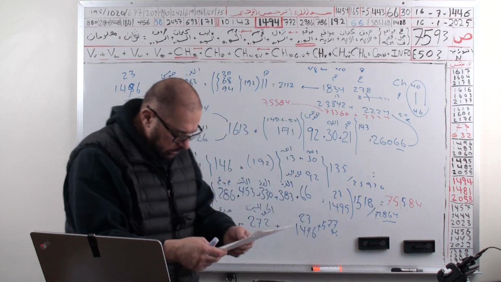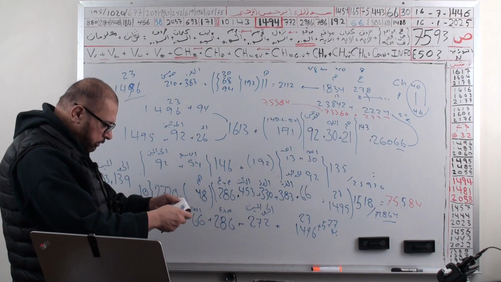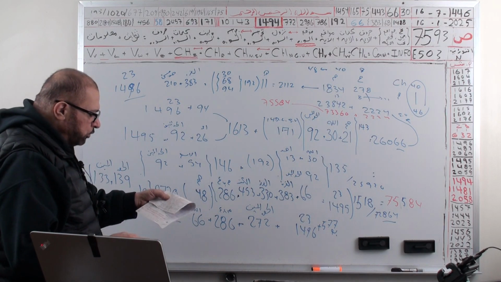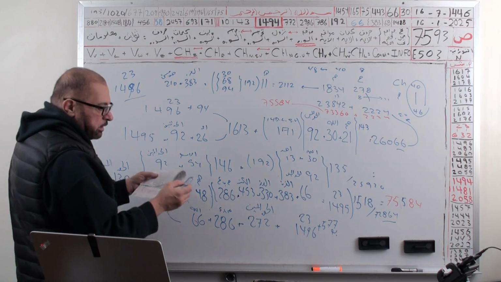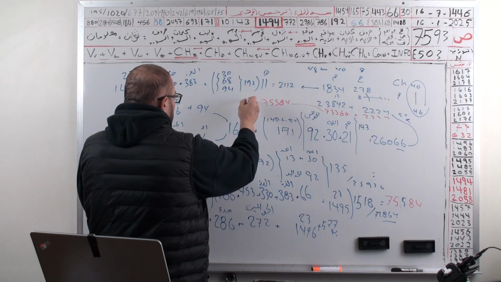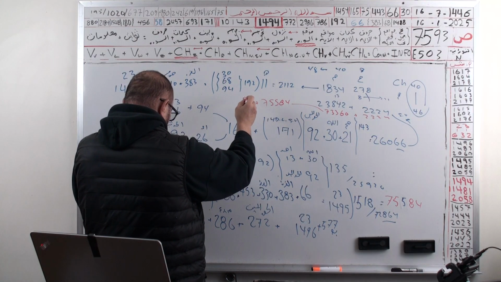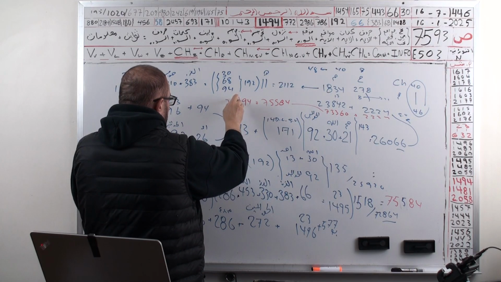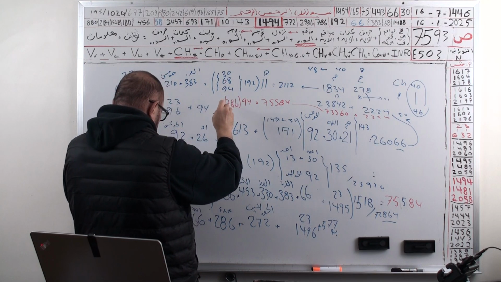Let me do this one here, because this is important to unlock this. This one here is 94. What is 94? Our master Ahmad Abdullah times 786. I'm decoding with Al-Basmala. What is left is 1700.